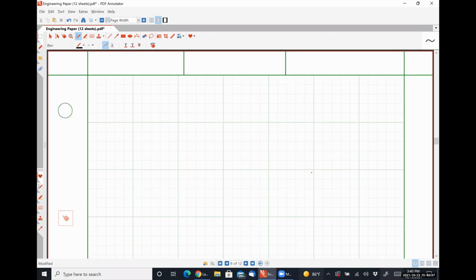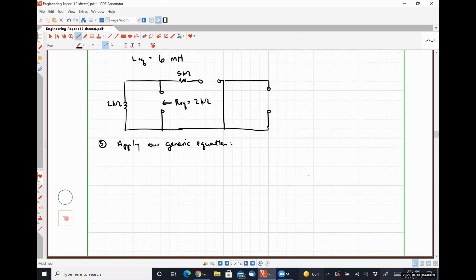As a reminder, our generic equation is that y as a function of time, where y can represent voltage or current flowing in our circuit, is y at 0 minus for t less than 0 minus, and y at 0 plus times e to the minus R over L t for t greater than or equal to 0 plus.